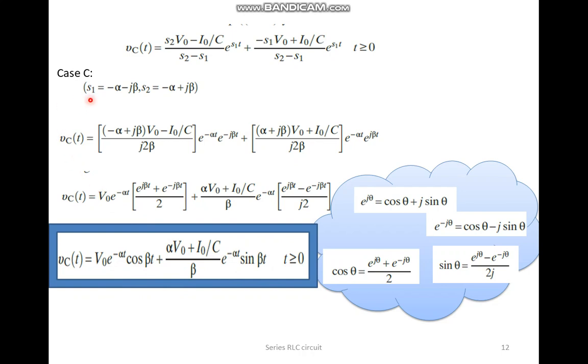basically obtained from the roots of the characteristic equation, which are minus alpha minus j beta and minus alpha plus j beta.